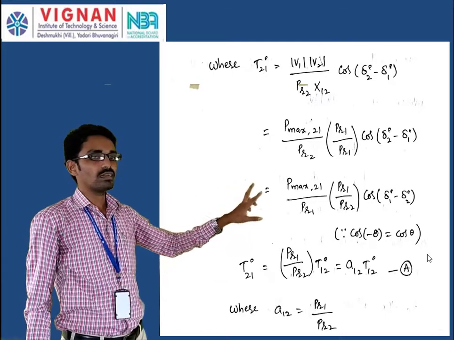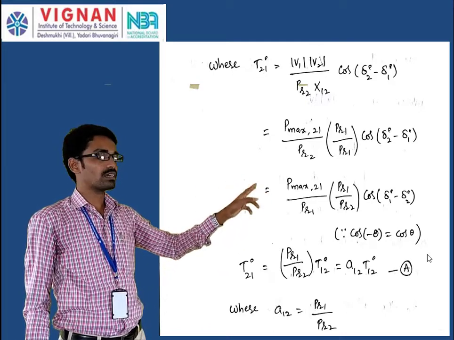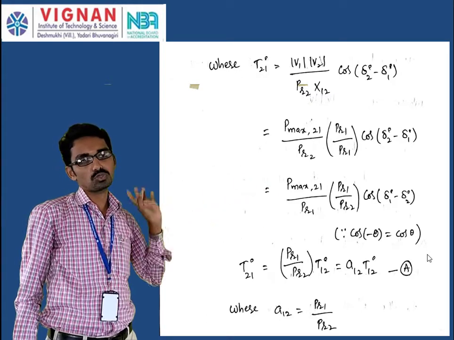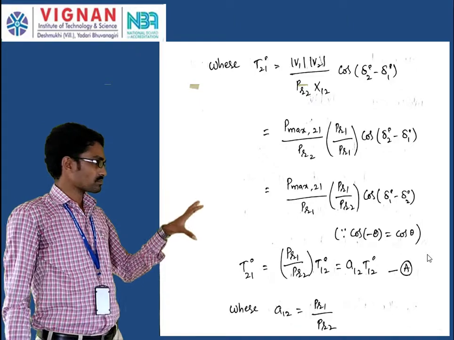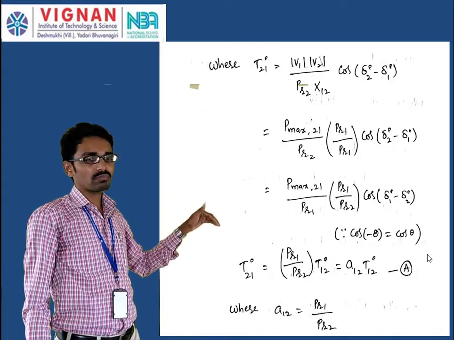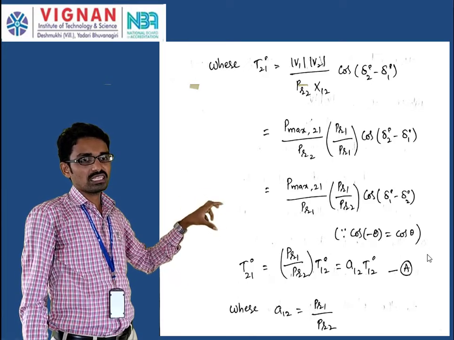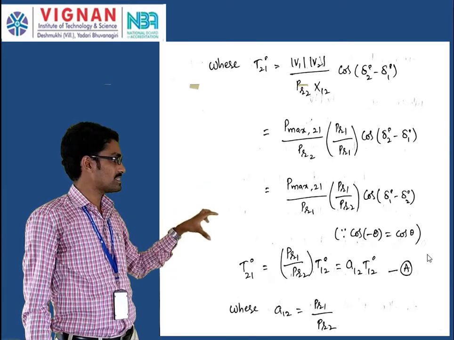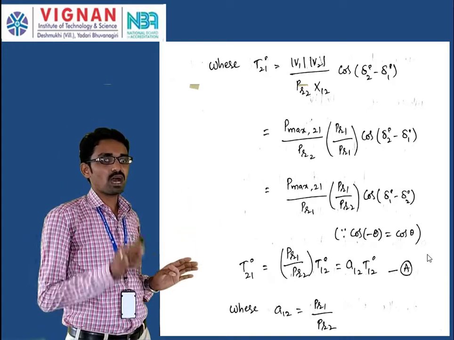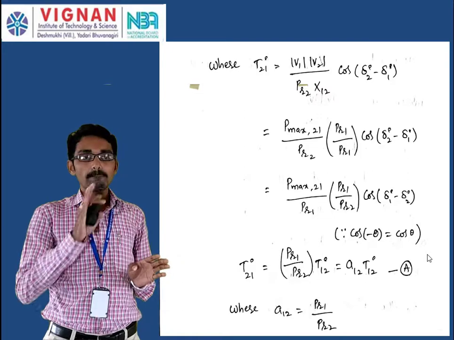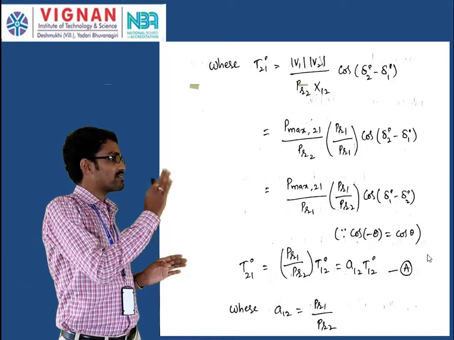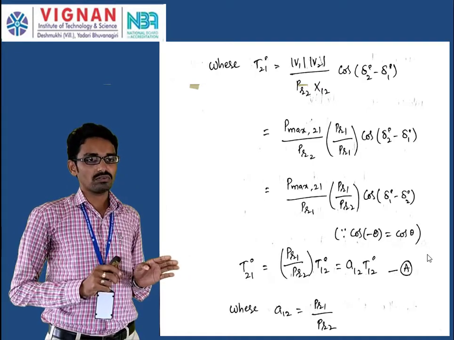Sorry, I have considered delta 20 minus delta 10 as delta 10 minus delta 20. Right. So if I consider delta T210 equal to PR1 by PR2, I have considered that as A12, and there is T120, because our T120 is nothing but Pmax 12 by PR1 into cos of delta 10 minus delta 20.